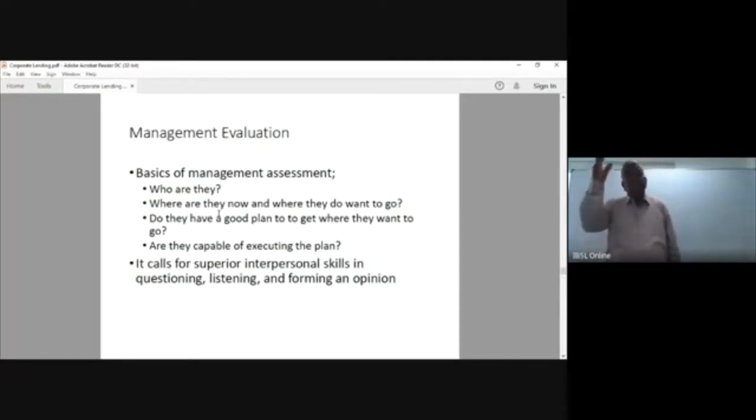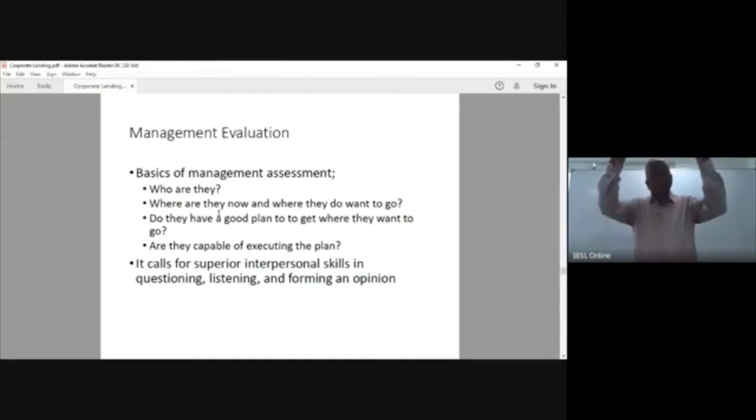So management evaluation is very critical and you have to do it very carefully. If the management is weak, whatever the best resources they may have, the company may collapse. So the management evaluation is very, very important.